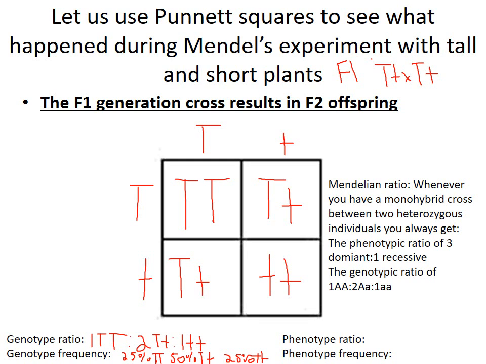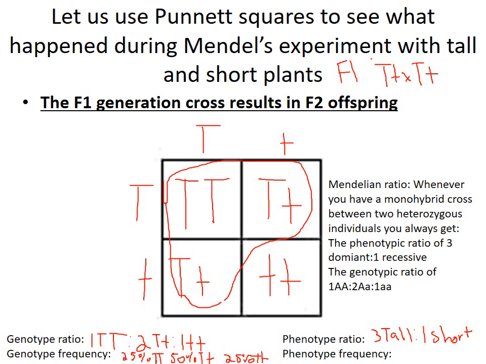For the phenotypes, it's a bit different. You need to look at the ratio carefully. Remember that big T is tall and it's dominant. So in this Punnett square, you have 3 tall individuals and only 1 short individual.